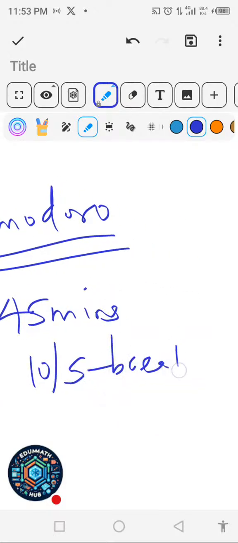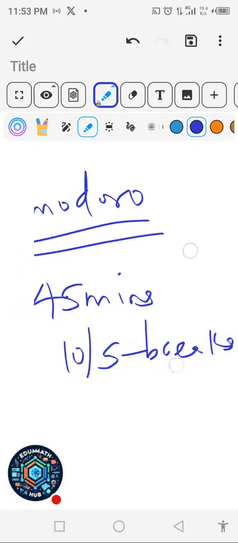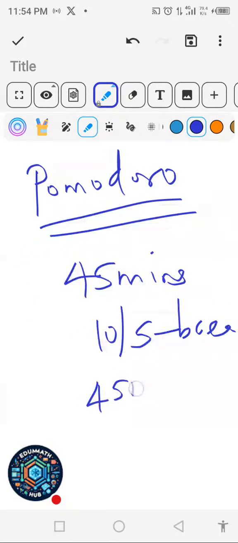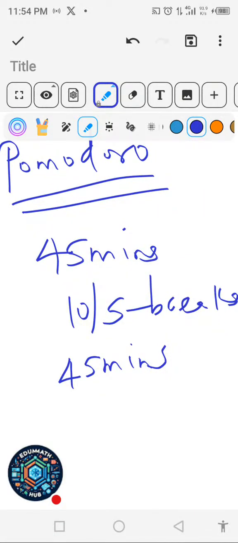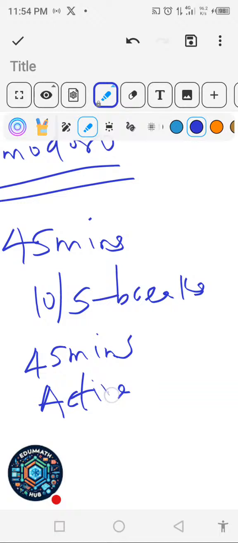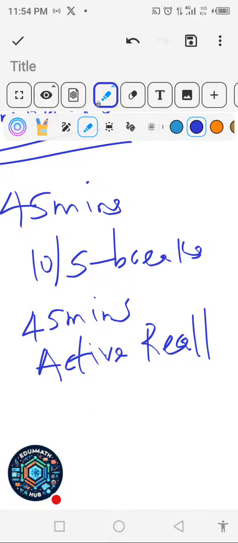These breaks are very important for your brain to relax. Then you resume another 45 minutes again, like that. And as you're resuming, use active recall. It's one of the best methods to read. Always use it. See if you can remember what you have read.